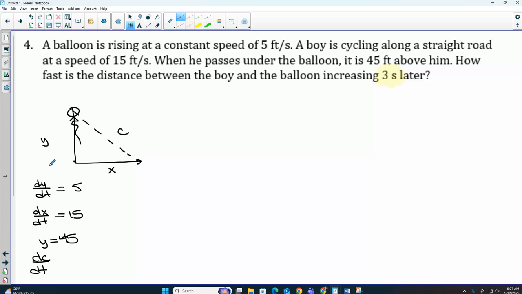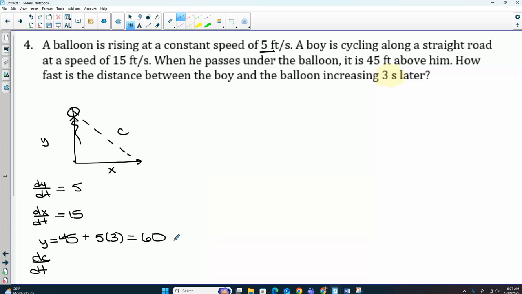So is my y still 45? No. Every second this balloon rises 5 feet. So how high is the balloon now? Right, because it rose for 3 seconds, so 15 feet. So at the point we're interested in, our y is actually 60, not 45.